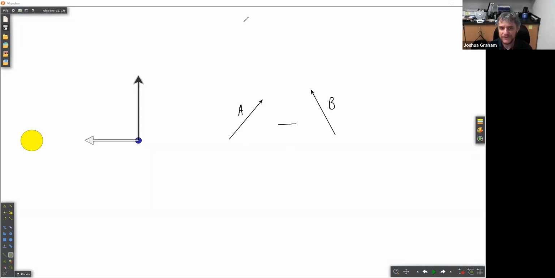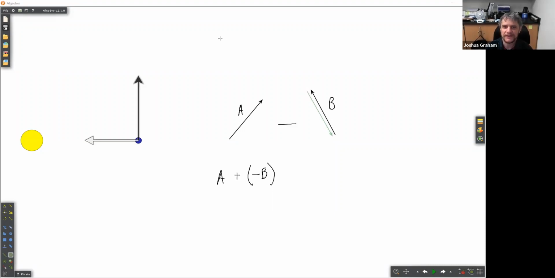The easiest way to think about this is I take vector A and then I add the negative of vector B. You guys know that if you add a negative, it's the same thing as subtraction. Now, what the negative of vector B means is just that it's the opposite direction.